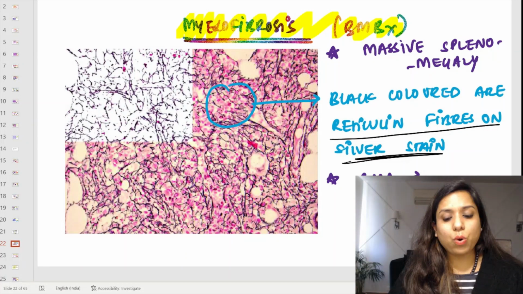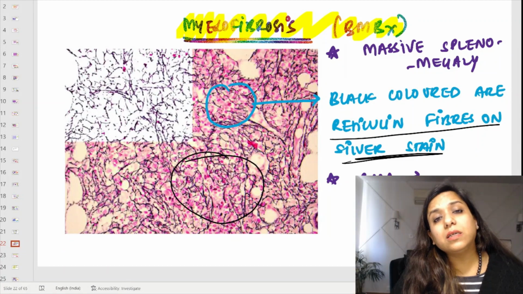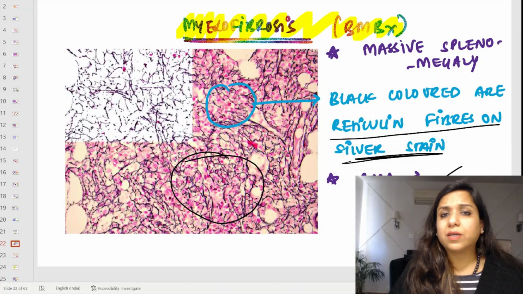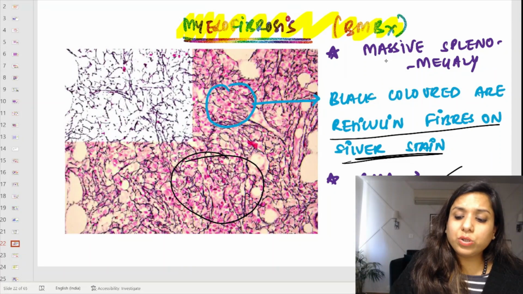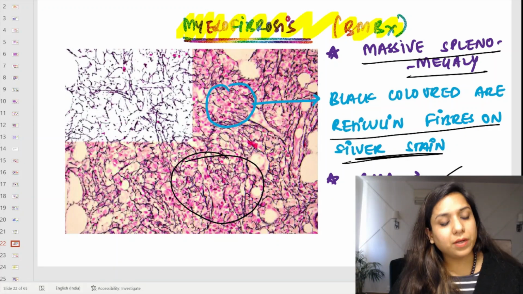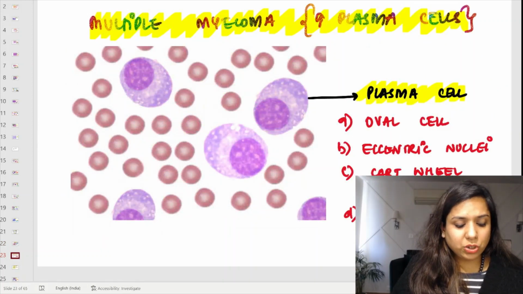Any silver stain always produces a black color. In this image, can you see these black colored fibers? These are basically fibers in the bone marrow. The aspirate is a dry tap. Understood? Also in the history, there is a patient with massive splenomegaly. Correct? Next, students, let's move to the next image.